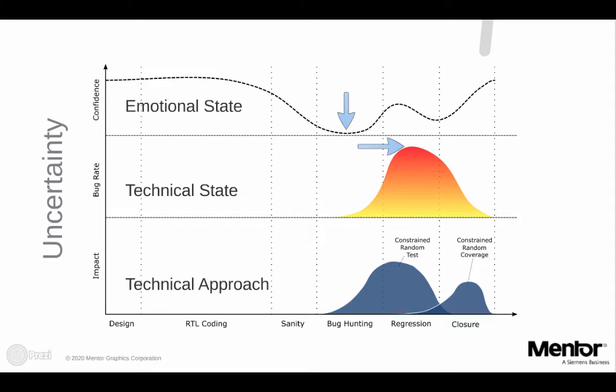It's hard to get an objective measure of progress during this time, hence the uncertainty. Second is because of the surge in reported bugs that happens as constraint random hits its stride. A surge in bugs means a surge in debug, and we all know that debug is fundamentally an uncertain activity.